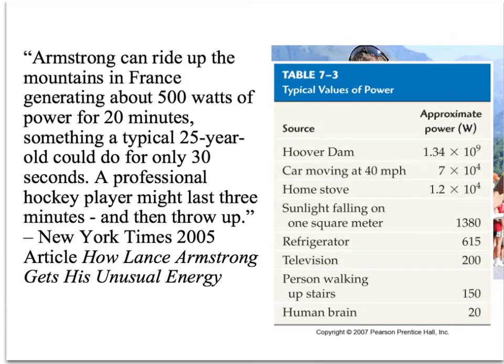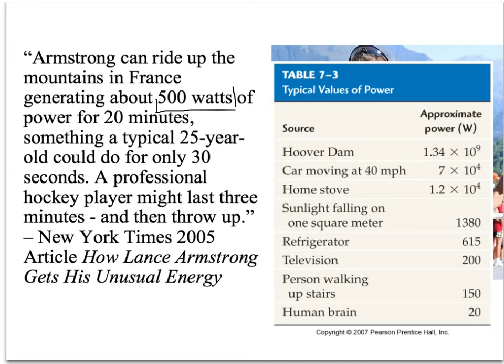So this is to give you an idea of what a watt is. Something a typical 25-year-old could do for only 30 seconds. A professional hockey player might last, generating 500 watts of power, about 3 minutes and then throw up.